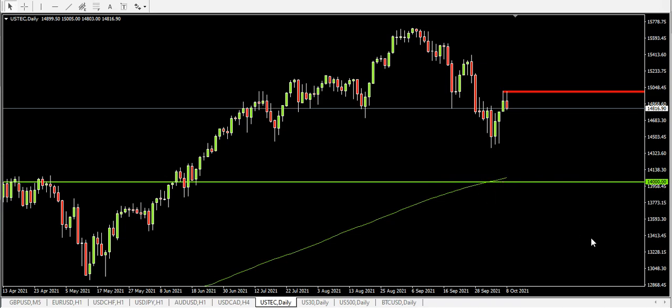I've talked about moving averages a few times recently, because traders do use them, and the ones to make a note of are the 50-period and the 200. Those are the ones I tend to use, but I don't talk about them a lot because I don't like to clutter my charts. I hope I've explained why I believe the Nasdaq's probably going to make its way down to this 14,000 level.